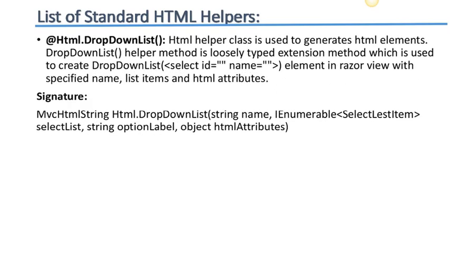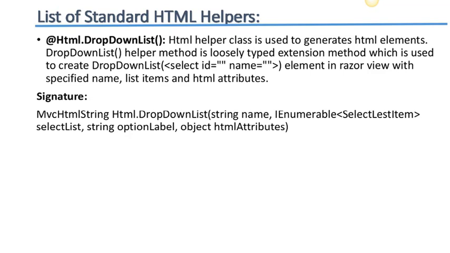So here is the @Html.DropDownList. The HTML helper class is used to generate the HTML drop down list element. The helper method is a loosely typed extension method which is used to create the drop down list, a select element where id is equal to name, and it will generate the HTML element in a razor view with a specified name, list item and HTML attribute. And the return type of the drop down list is MvcHtmlString.